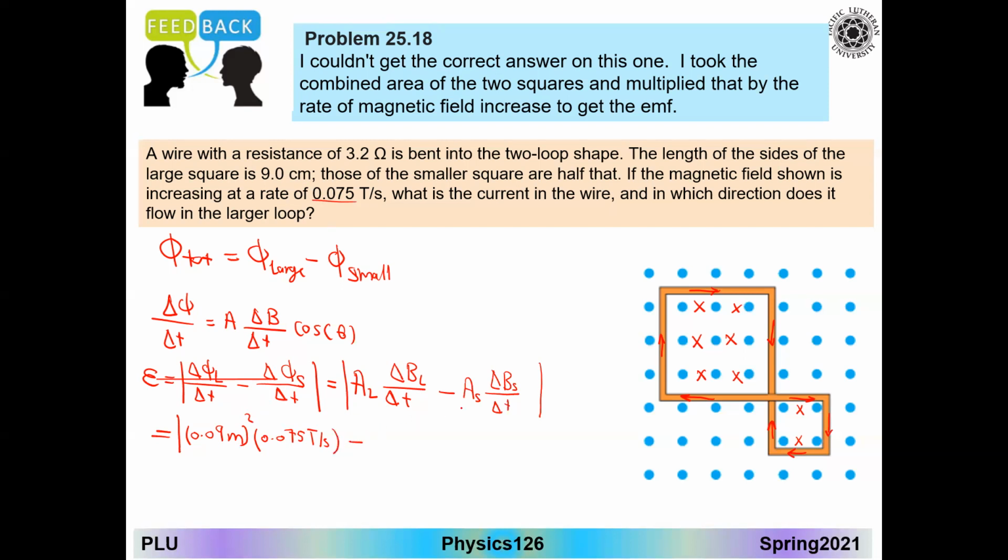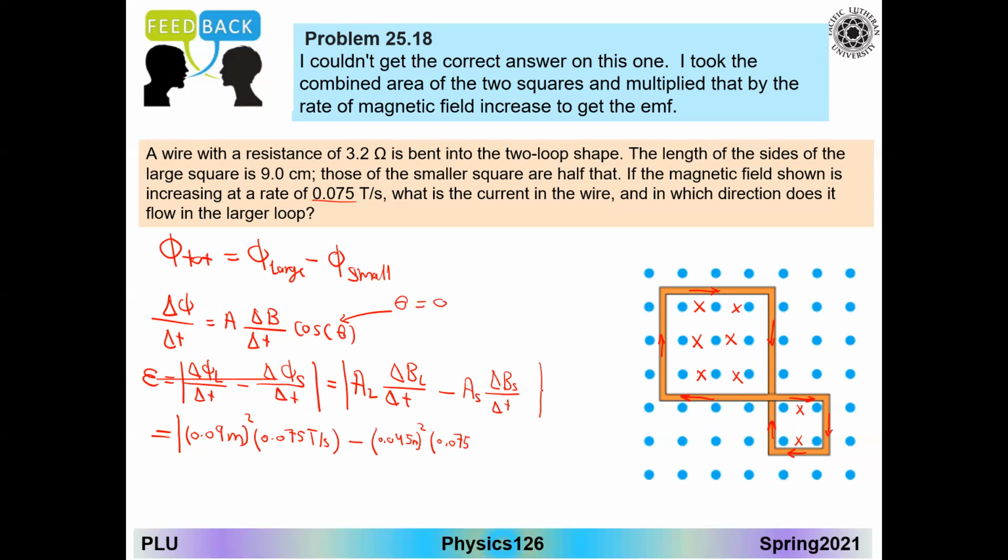Minus, the only difference, the second one will be 0.045 meter squared times my magnetic field rate, 0.075 Tesla per second. And just to confirm, here theta equals 0, so cosine theta will be 1.